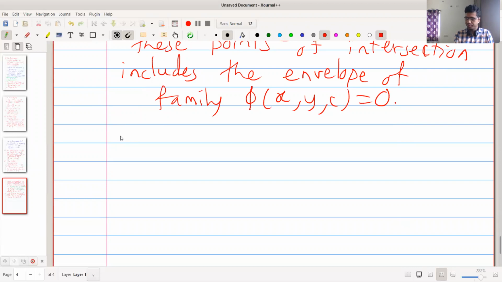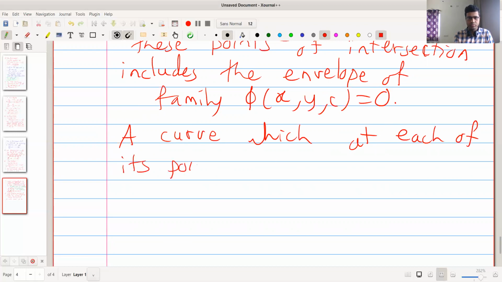A curve which at each of its points is tangent to an element of a one parameter family of curves is called an envelope of that family.